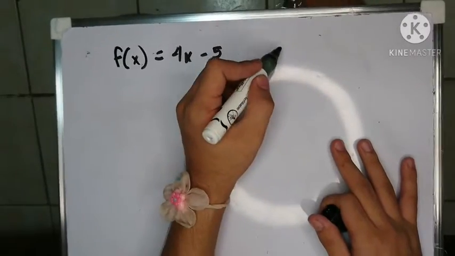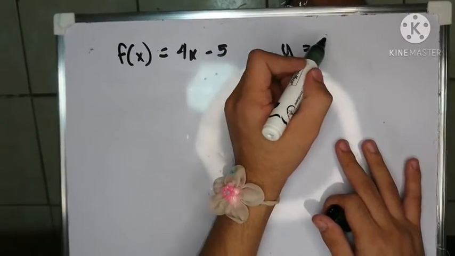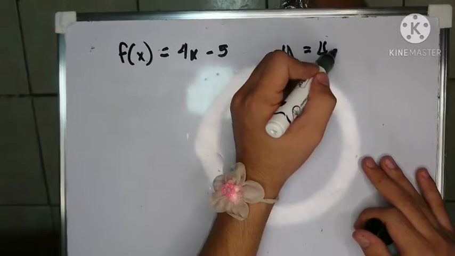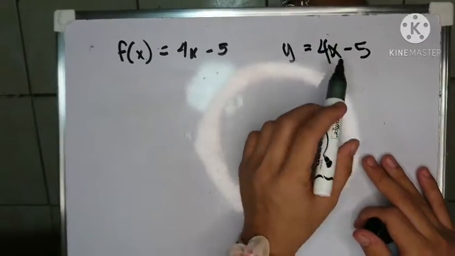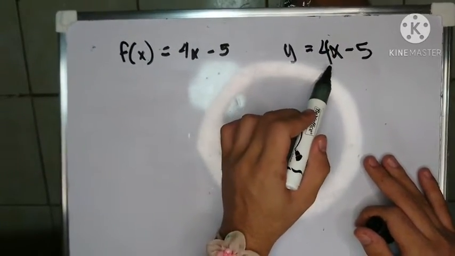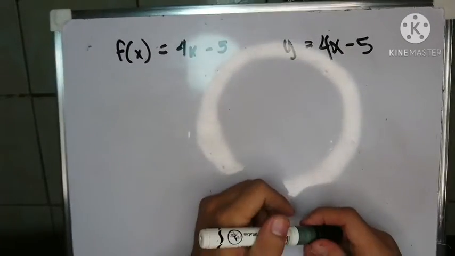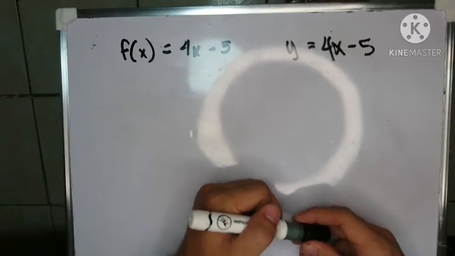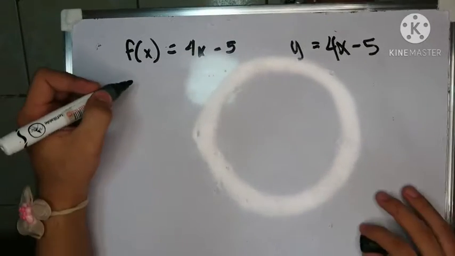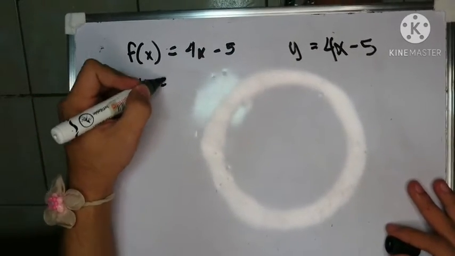So we're going to do this right here: y equals 4x minus 5. Step 2 is to solve this equation for x in terms of y.